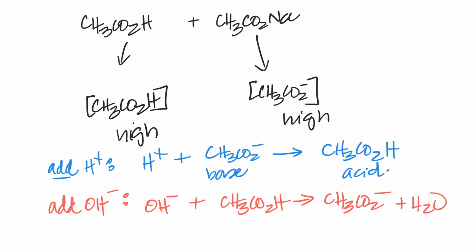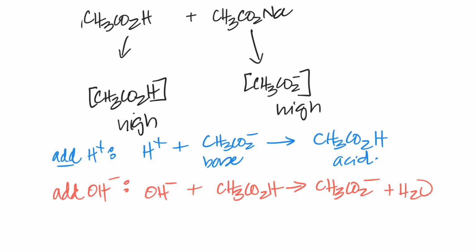So now this mixture, this weak acid and the salt of the weak acid, has been able to absorb both H plus ions and OH minus ions. The H plus ions that you add react with the base to convert into the acid, and the OH minus ions that you add react with the acid to convert that into the base.